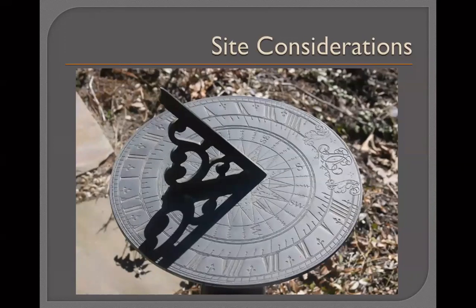Is my neighbor overwatering his yard and I have areas that stay consistently moist? Is my soil sandy? Is it a heavy clay? All these things need to be considered and evaluated, not just at a certain point, but throughout the year. Does the amount of sunlight change for the area that you want to develop at different times of the year?